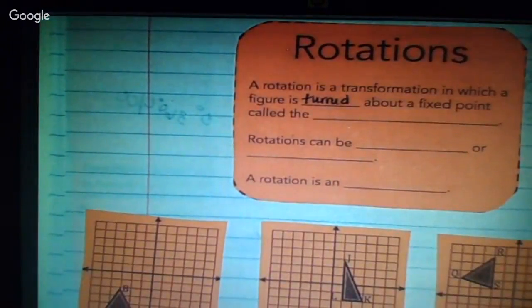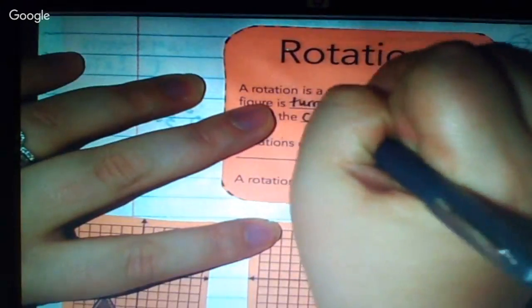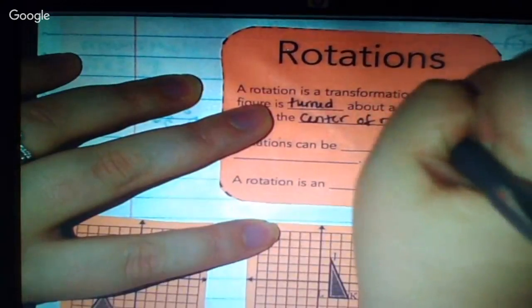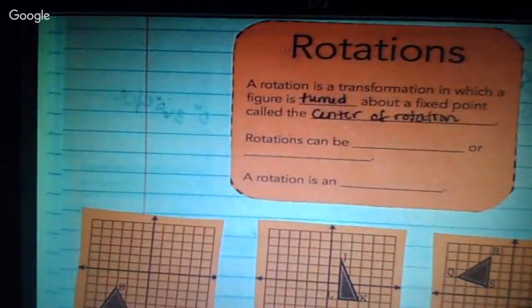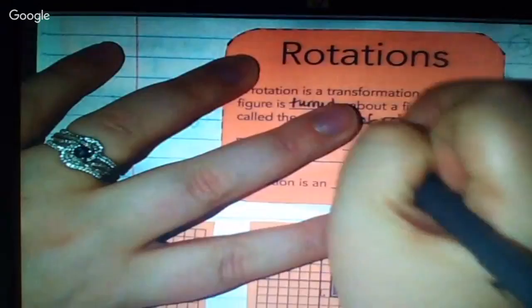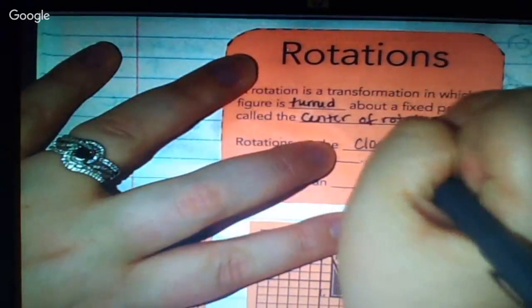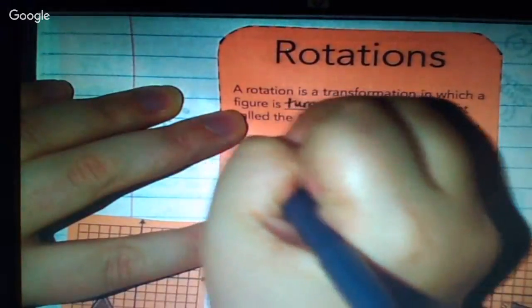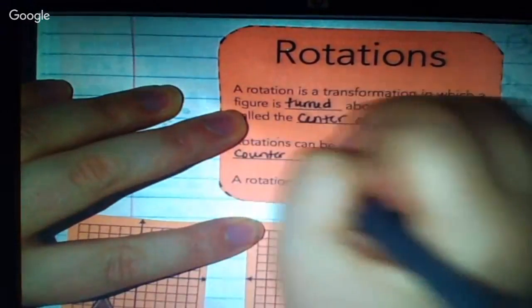And the fixed point that it turns around is called your center of rotation. Rotations can be clockwise or counterclockwise.